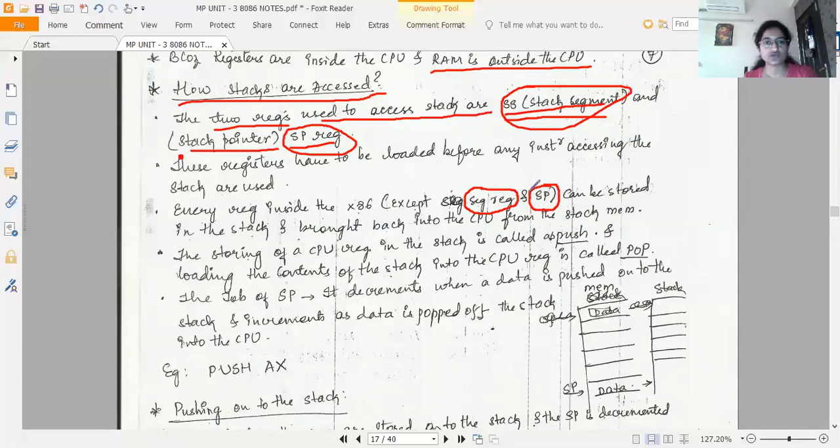All right. Because the stack pointer will always be holding the offset address of the stack segment.